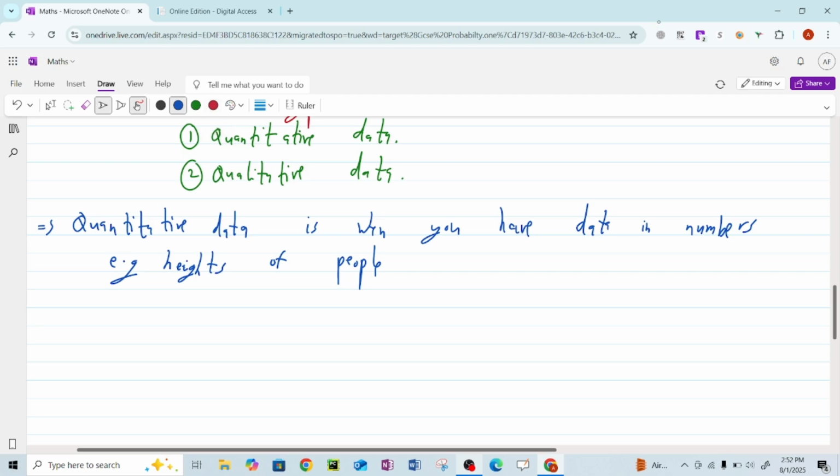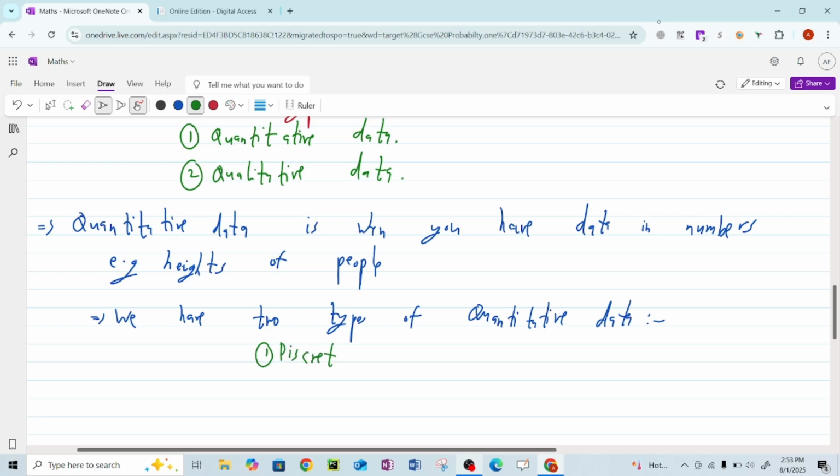There's one more thing. We have two types of quantitative data, which are discrete, data in whole numbers.